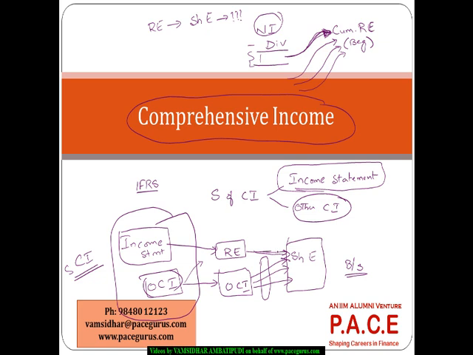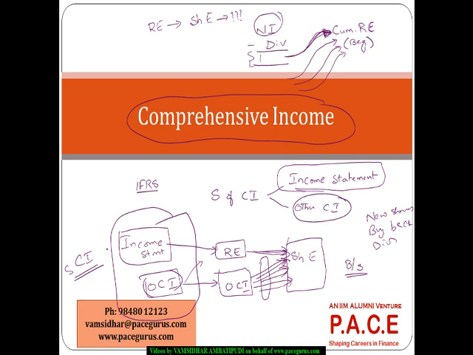It talks about all changes that are coming into the shareholders equity except the transactions that happen directly with the shareholders, like new shares, buyback of shares, or dividends. Except for those, they are all directly impacting the shareholders equity.